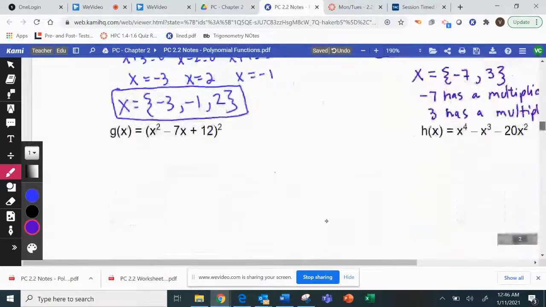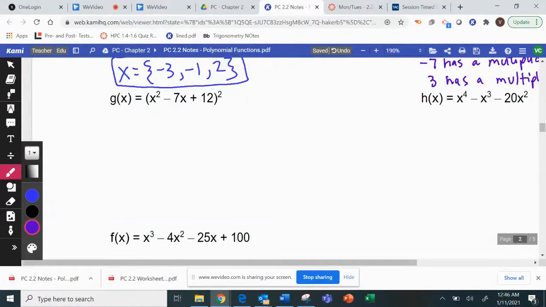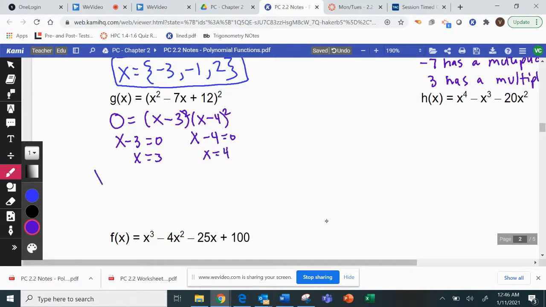Okay, next example. I'm going to factor x squared minus 7x plus 12, because that's going to be x minus 3 and x minus 4. And since there's a squared on the outside, that means we're going to have 2 of each of these. So I'm going to set each factor equal to 0, and I get my zeros at 3 and 4.